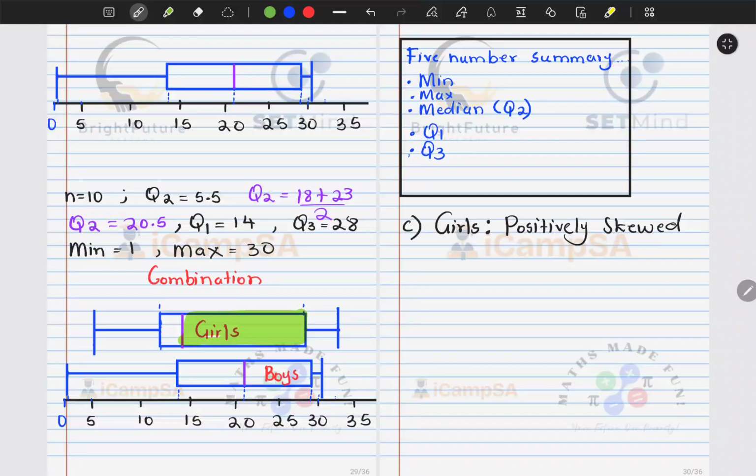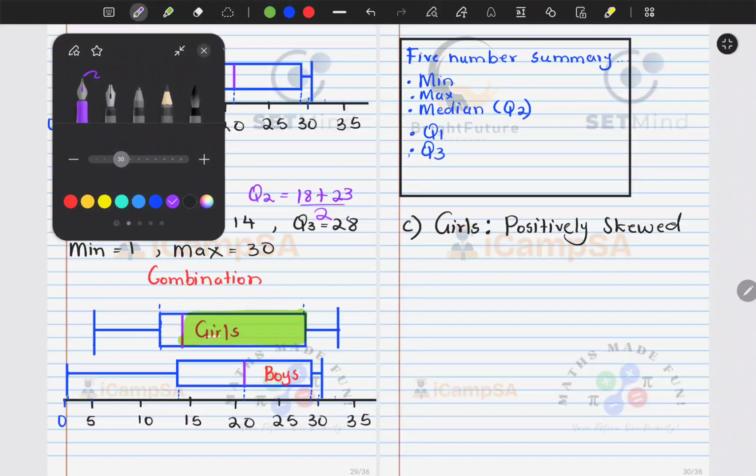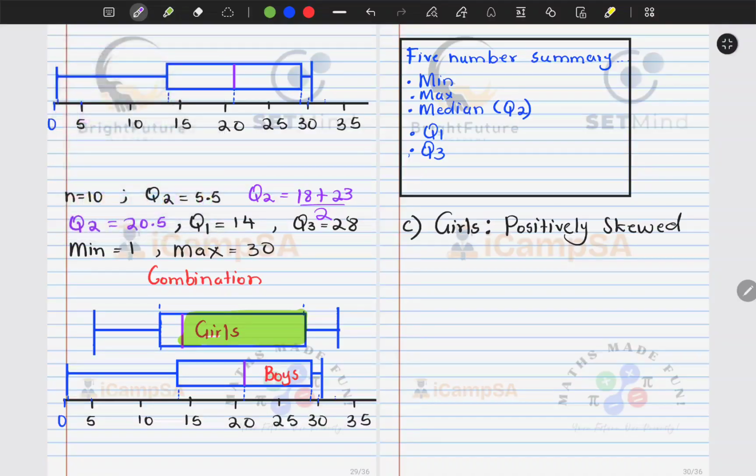So for the boys, it's not very easy to see, but here's what we can do in order for us to figure that out. You can compare the values which you get. So you can always do Q3 minus Q2 versus Q2 minus Q1.